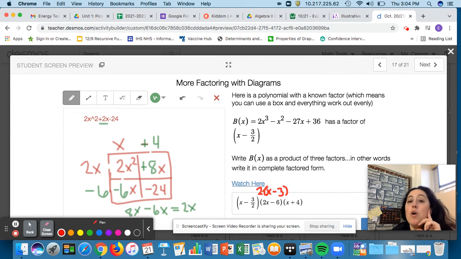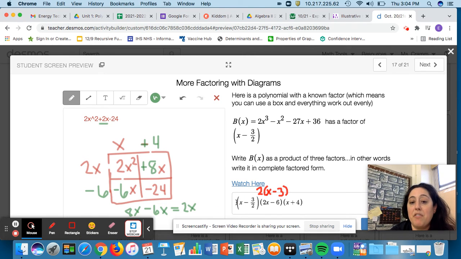Okay, so whenever I take out a greatest common factor, just one term like the 2, it's not in parentheses, it just goes in front, right? Whenever I take out a greatest common factor, I'm always going to put that greatest common factor at the very front.